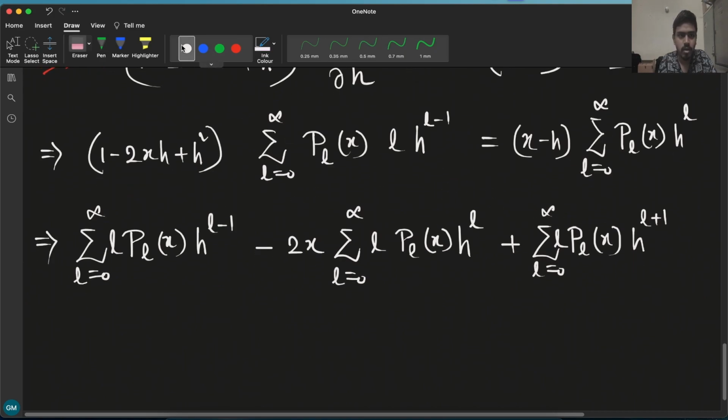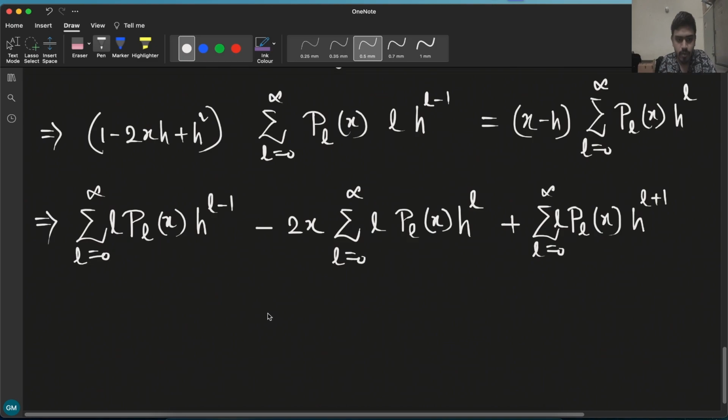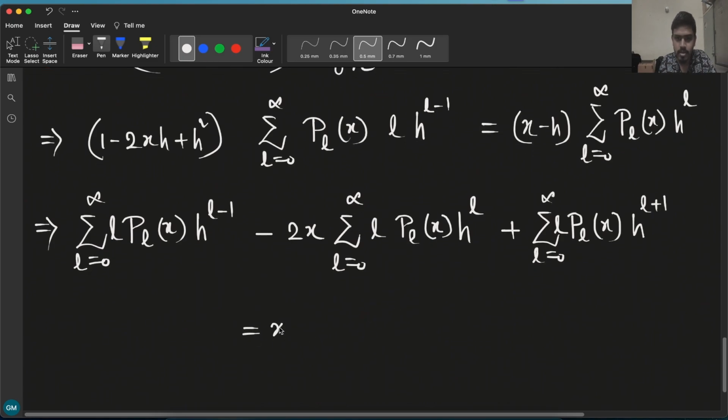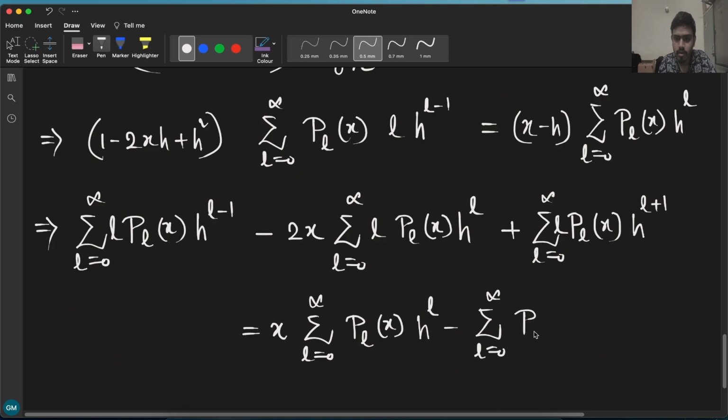And now the right hand side will be x times sum over l equals 0 to infinity P_l(x) h to the power l minus sum over l equals 0 to infinity P_l(x) h to the power l plus 1.